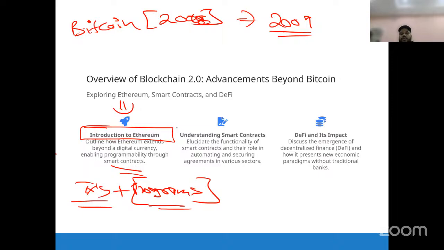And you already know what smart contracts are. Smart contracts are totally self-executing contracts, where all the terms of the agreement and logic are written in the form of code, and they automatically execute when certain conditions are met. So they are totally automated and secure agreements available within the Ethereum blockchain, which you can use in different sectors, as we discussed: supply chain, finance, healthcare.